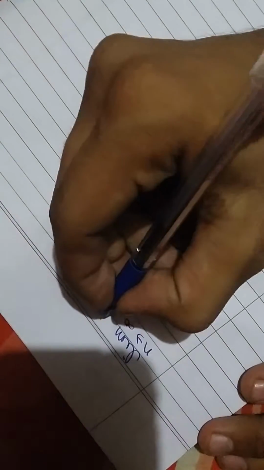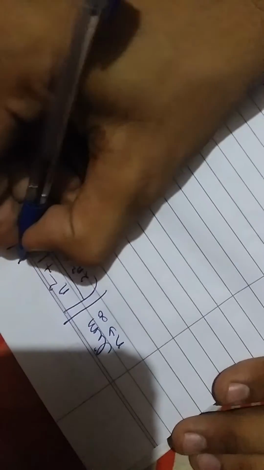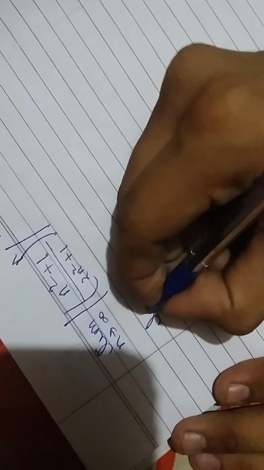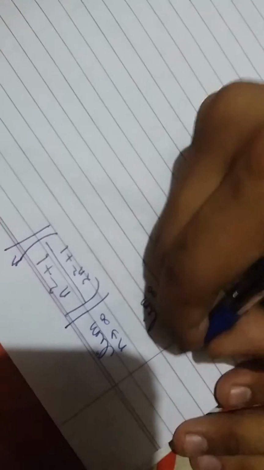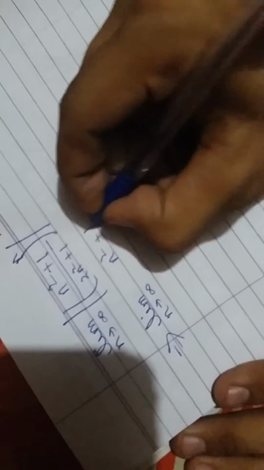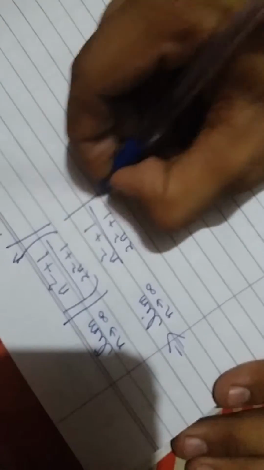So we get the limit n tends to infinity of n square plus 1 upon 2n square plus 1, absolute value of this, where n and 1 by n cancel out.